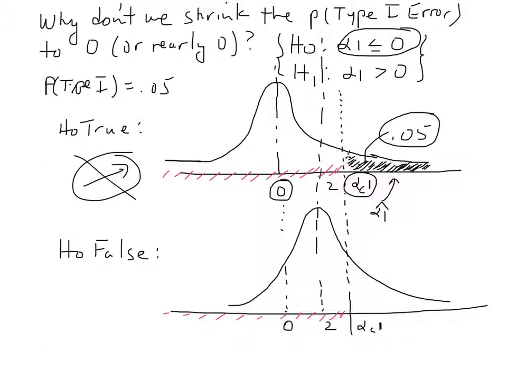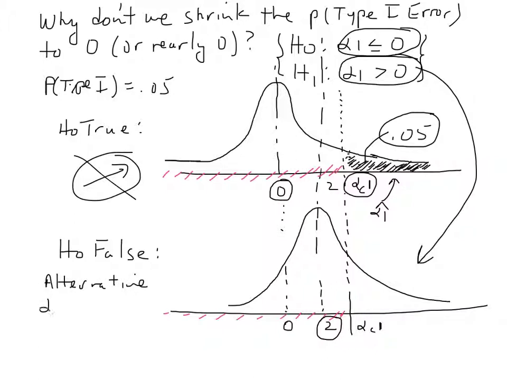So we've drawn a second distribution down here that happens to be centered on a value of 2. 2 is a value that is consistent with the alternative hypothesis. Okay? So in the lower panel, the assumption is that the alternative, that alpha 1 greater than 0, is true.